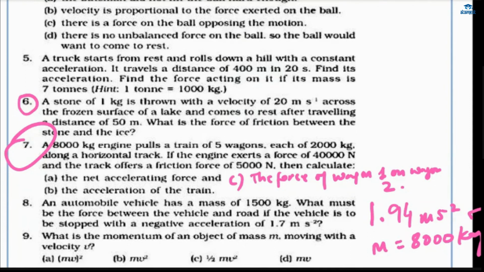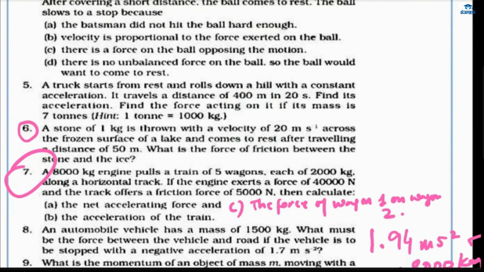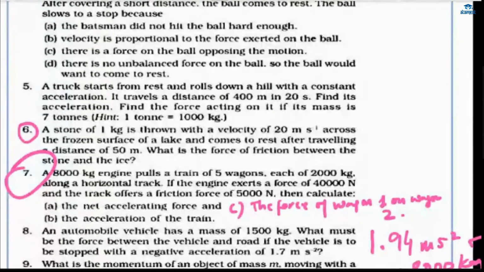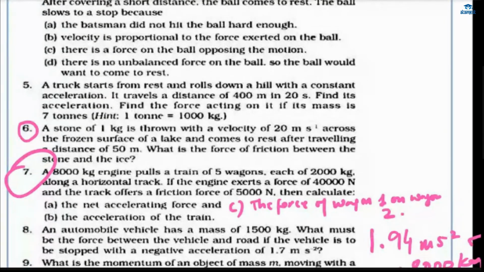Minus 4 Newtons. What is the force of friction between the stone and the ice? So your answer is minus 4 Newtons. Okay then.